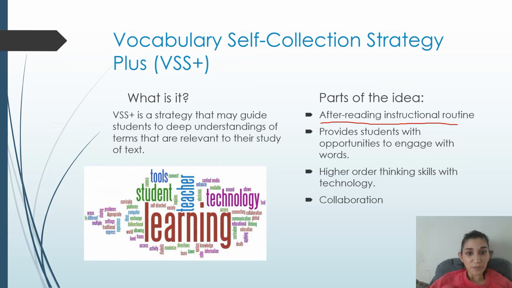One strategy that VSS Plus talked about was creating an online dictionary. And we'll go over that in the next slide about different ways that we can go about doing that. But it's an interesting idea to have a blog or Google Slides or whatever means that you want to use to create it.